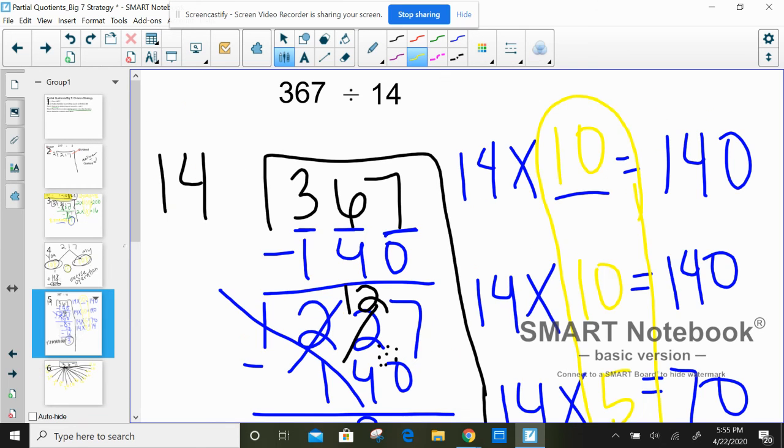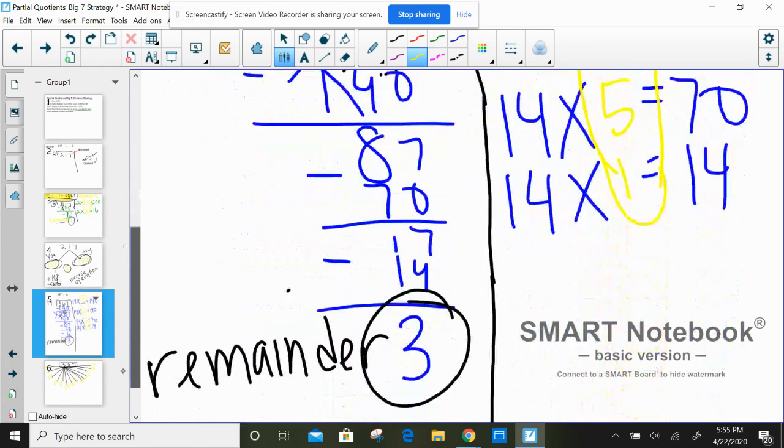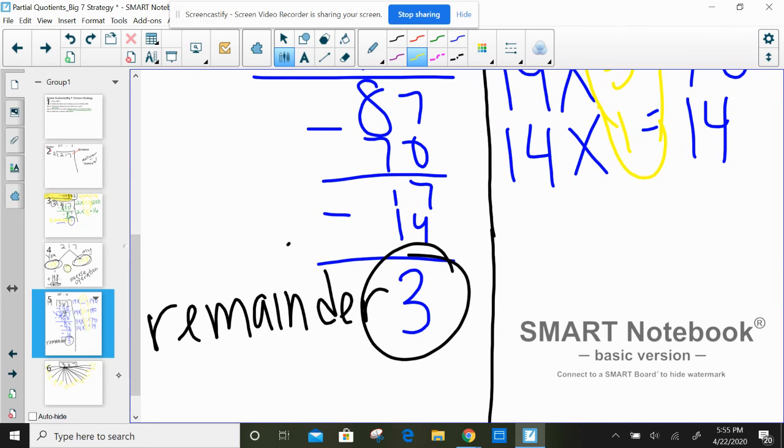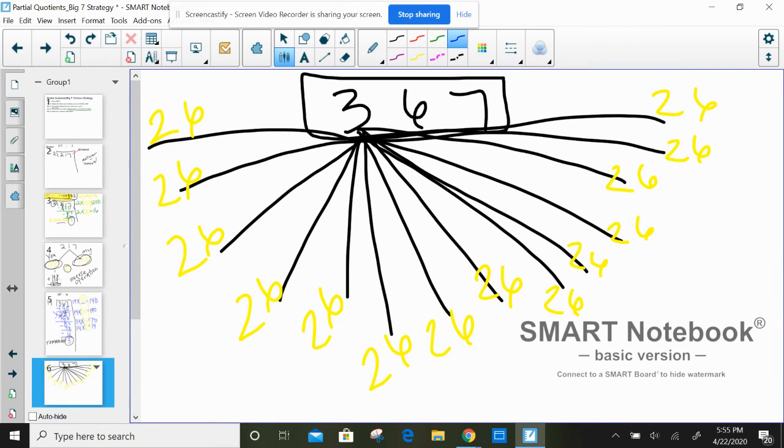Okay, and this 3 right here means they'll all get 26, but there's going to be just an extra 3. The reason that the 3 is extra is because we don't have enough to give 1 to each group. Like let's say we broke this 3 into 3 pieces. We could give each of these guys an extra 1, right? 1, 2, 3, but you can't just give some people the extra and not everybody.